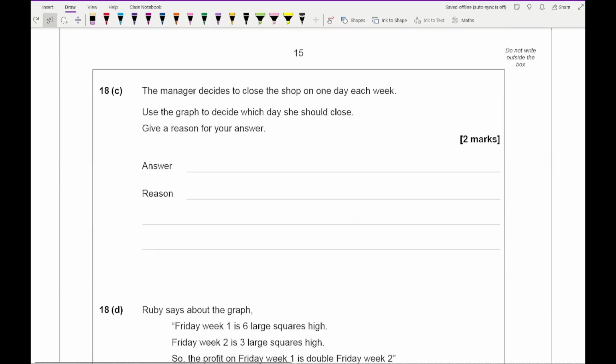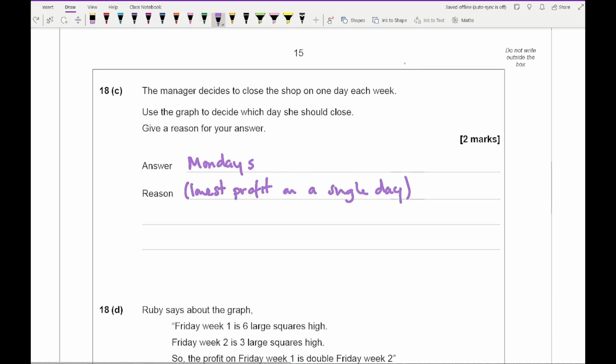It then says for C, the manager decides to close the shop on one day each week. Use the graph to decide which day he should close. Give a reason for your answer. Now for this, there's a couple of reasons which you could say. So you could say Monday, and the reason for that is because it's the lowest profit on a single day.